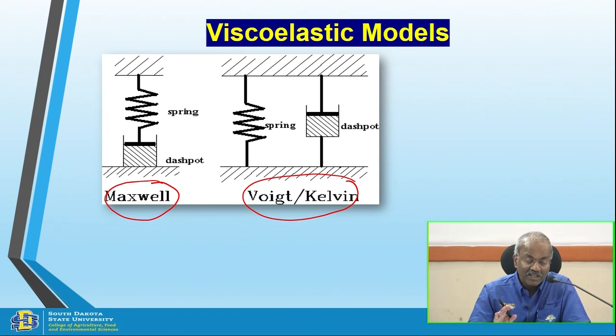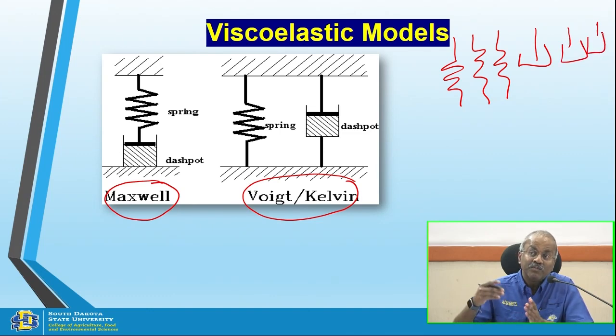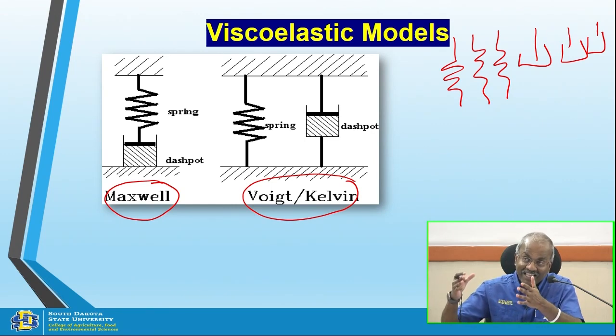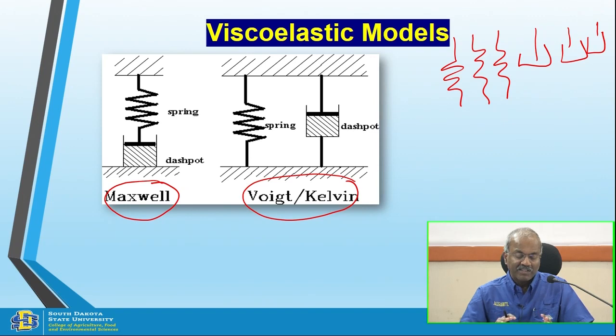In reality, your food material can have many spring components, many dashpot components, and they can be put together any way you can dream about or visualize. The fact of the matter is, whatever way you put them together, you have to start analyzing one by one.